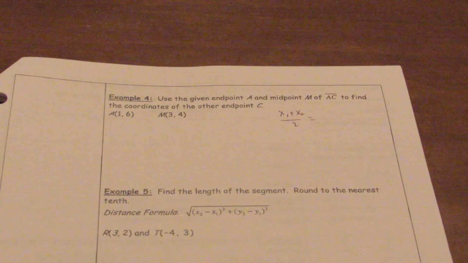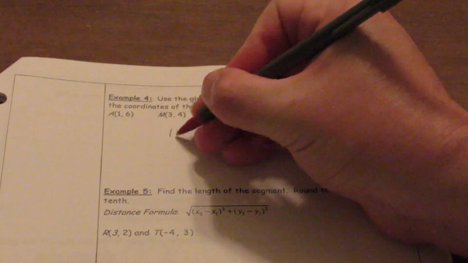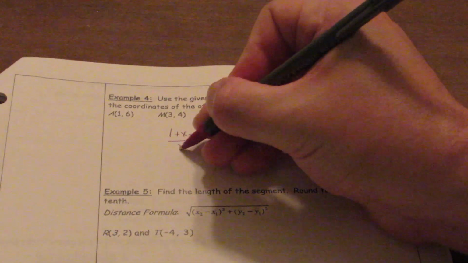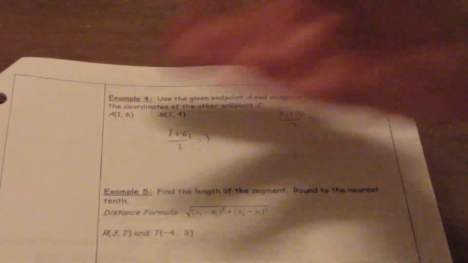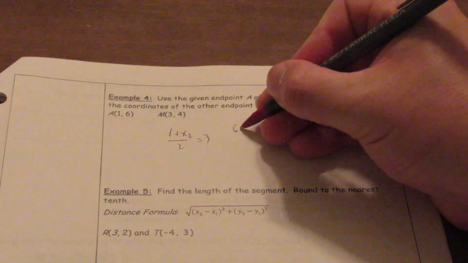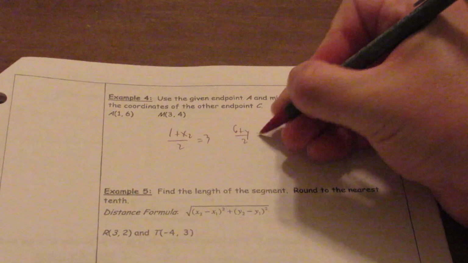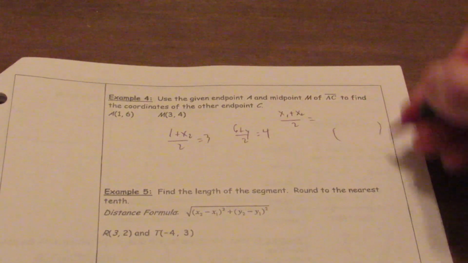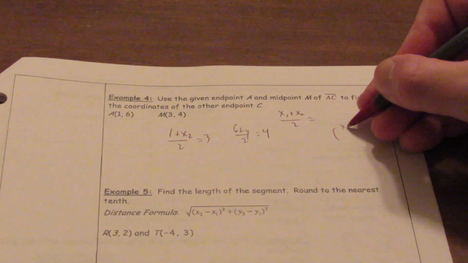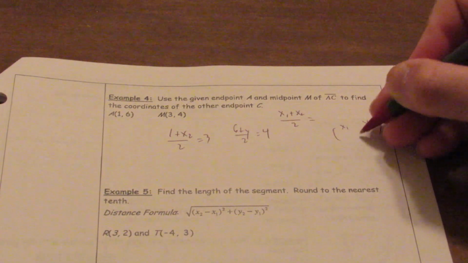So you would have 1 plus x2 over 2 equals 3. You would do the same thing with the y. You would have 6 plus y over 2 equals 4. I can solve that and get my point.